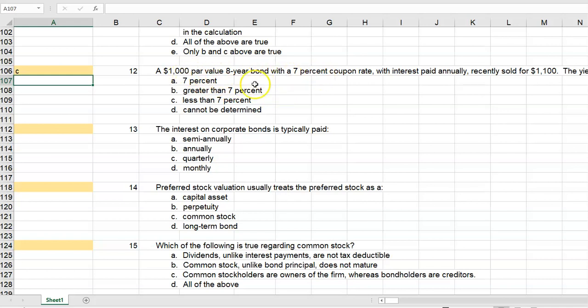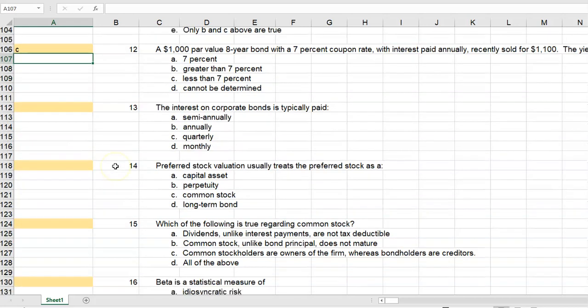The interest on the 7% is doing better than the market. You can also calculate it, a yield to maturity or just a simple yield, but you can just look at this problem and know. Remember the yield is the interest payment divided by the price.